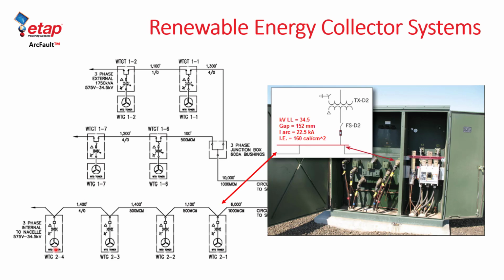Each of these wind turbines will have a step-up transformer, which will then send power through the collector system out towards an AC open-air substation before the point of interconnection for the transfer of power to the utility or grid.